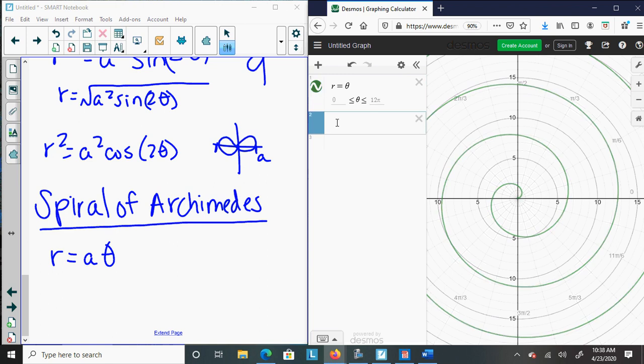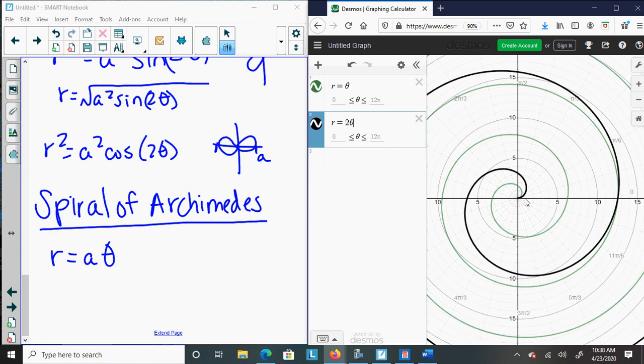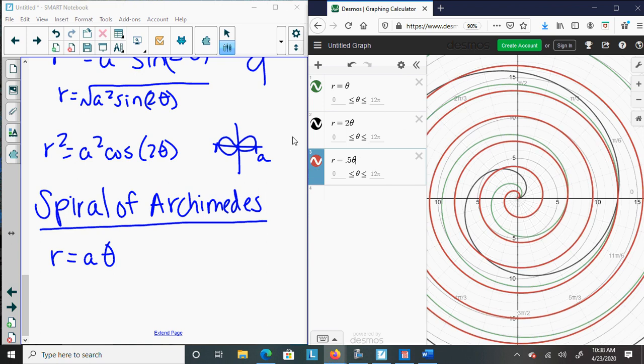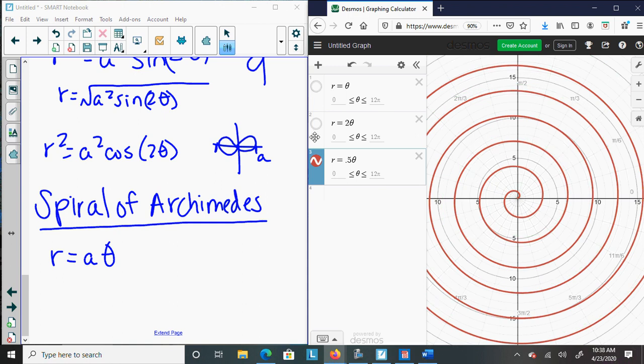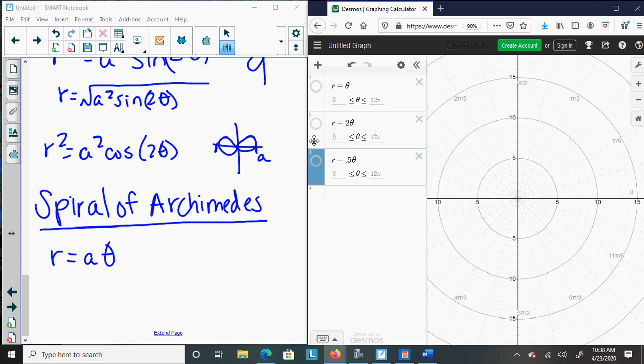But I could do r equals 2 theta, and it's going to be bigger. If I want a tighter one, I want something smaller, 0.5 theta. It's going to be a little bit smaller there. So that's your spiral of Archimedes.